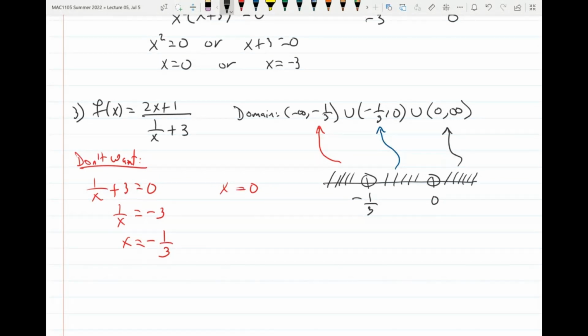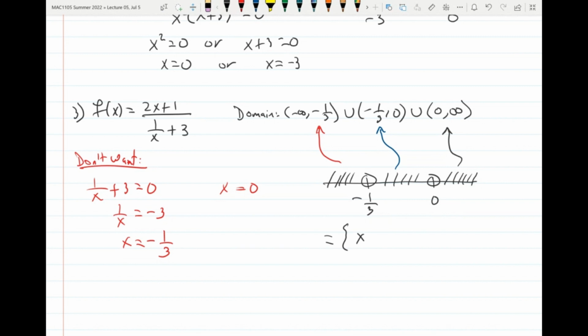Okay. Any other questions? All right. So all we're saying here is all real numbers except negative 1/3 and 0. That's the domain. In other words, if you want to write this in interval notation, you can also write it in set-builder notation, which would be all real numbers x.